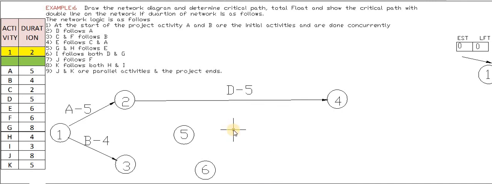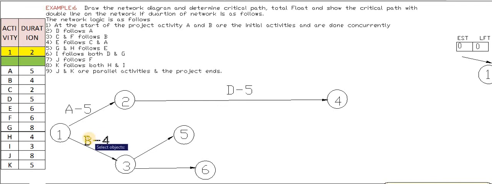Again we will draw the line for this. C and F will be starting at the same point where B ends. So here B has been ending, and C and F start. We have given node number 5 for C.